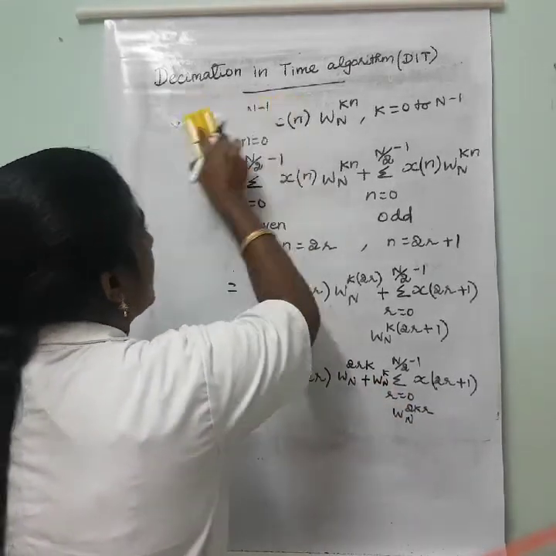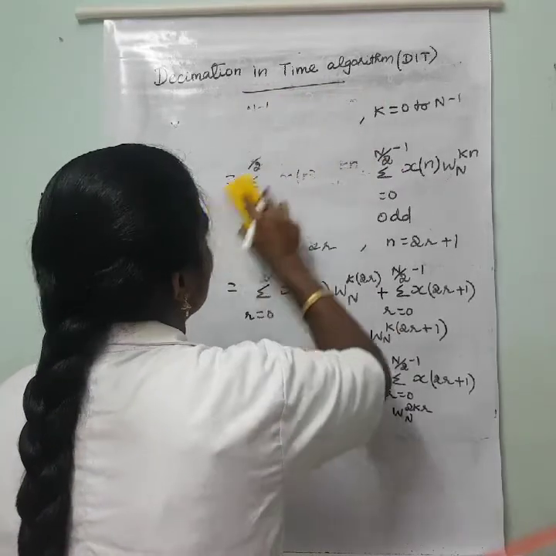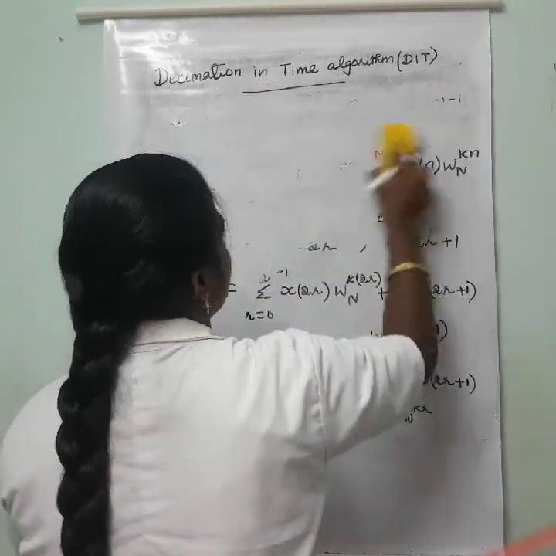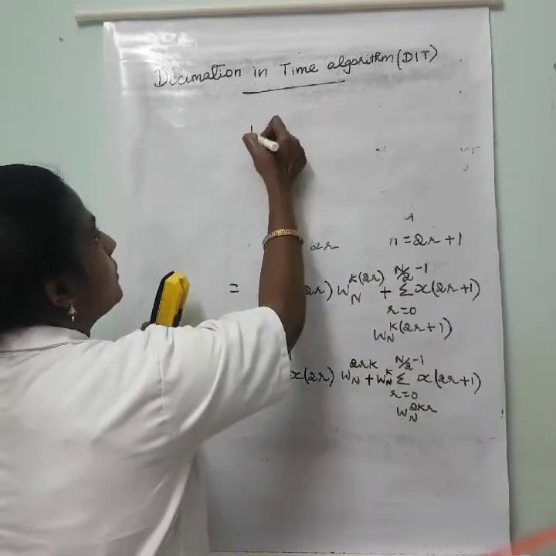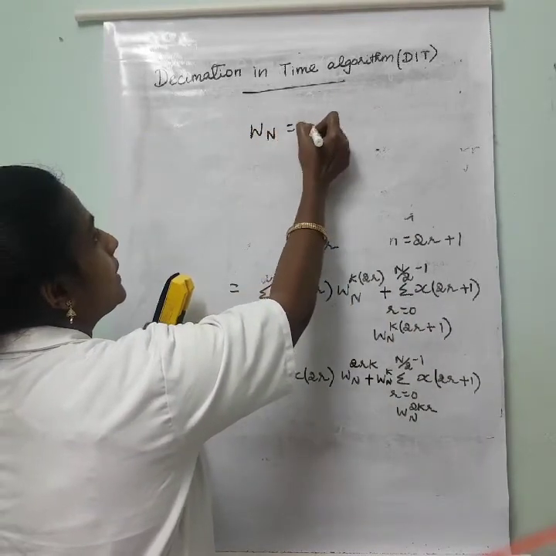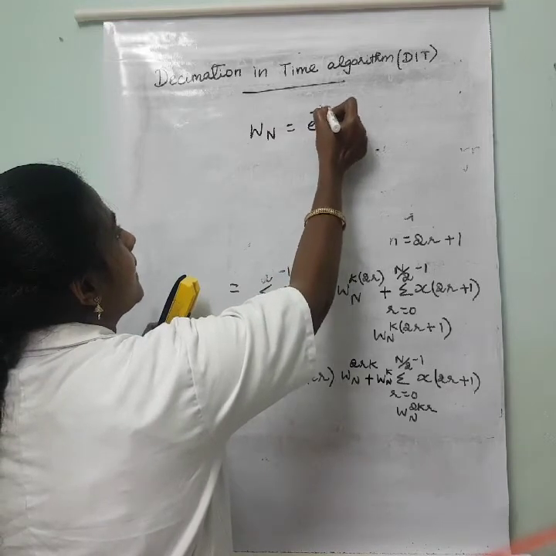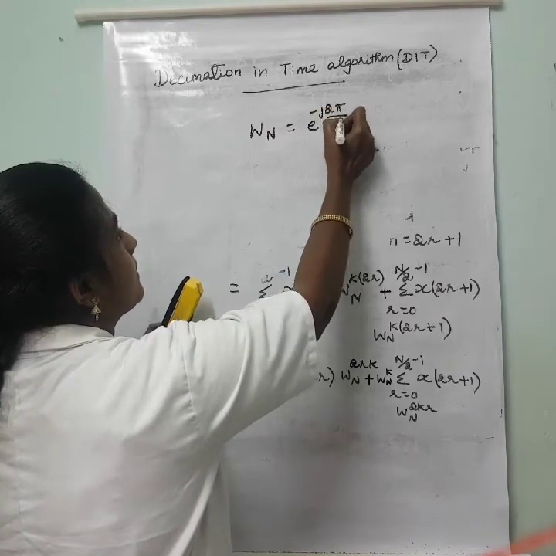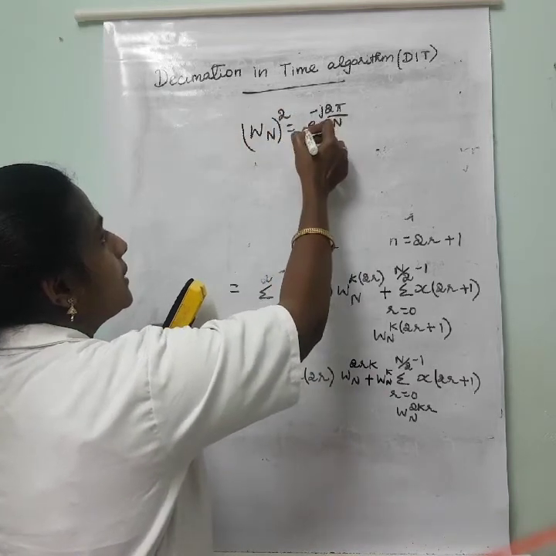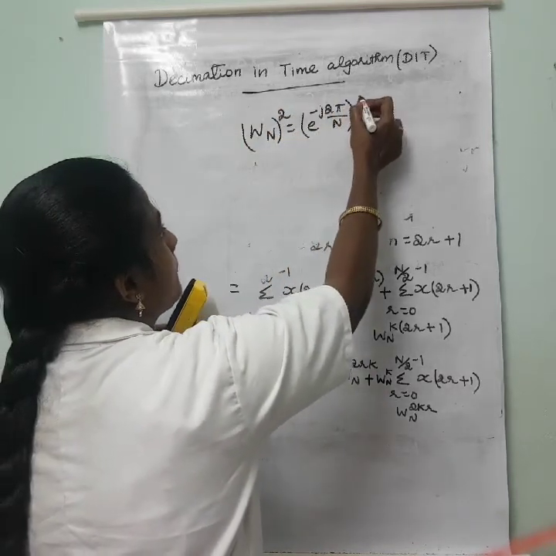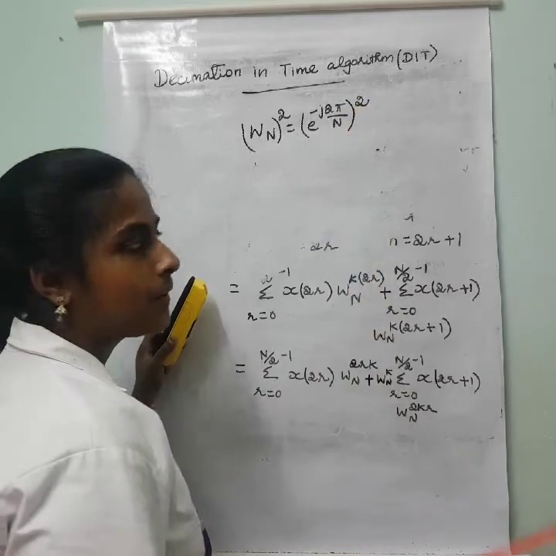Next we have to simplify this twiddle factor in this formula. We know that W_N is equal to e power minus j2 pi divided by N. So W_N whole square is equal to e power minus j2 pi divided by N the whole square.